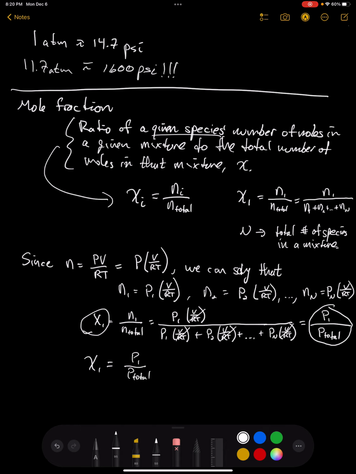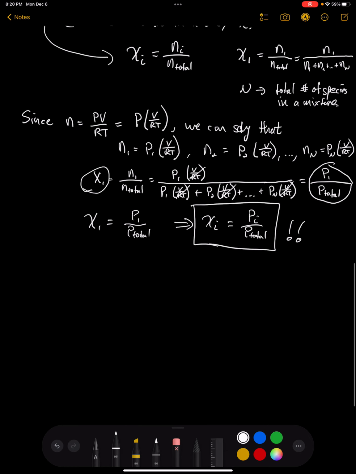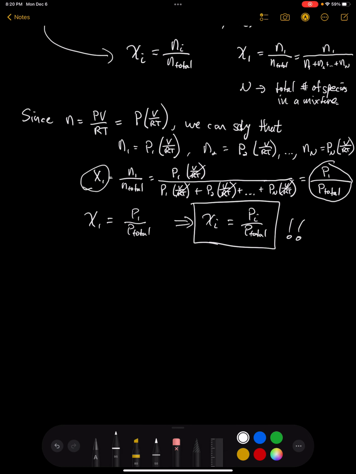Or to write it more generically, X sub I, mole fraction of species I, is equal to P sub I divided by P total. This is an important definition. You want to remember this. That's the mole fraction of species I. Okay, so let's go ahead and apply this with example 5.16.